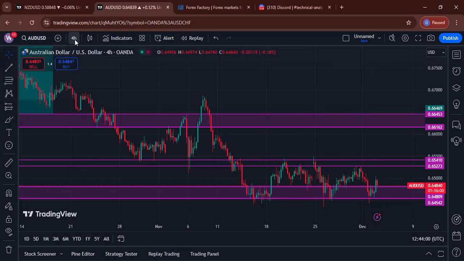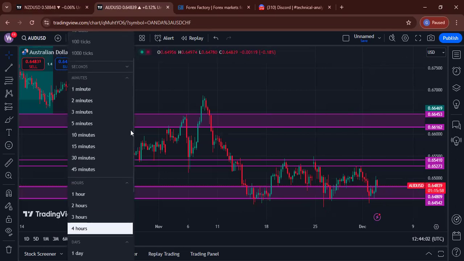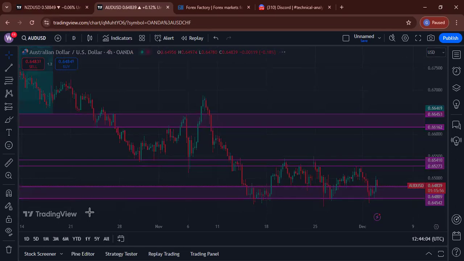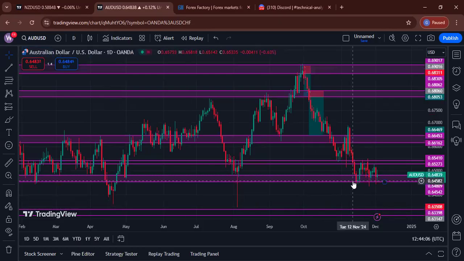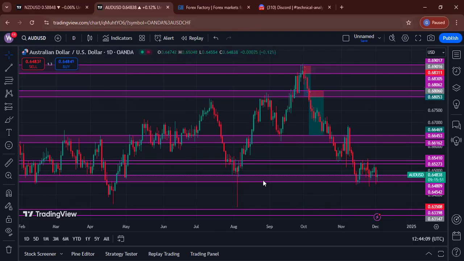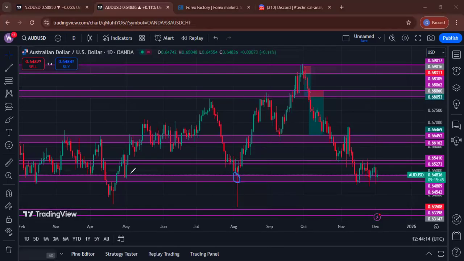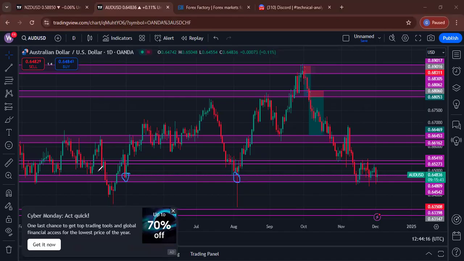And if you check out on the daily as well, you can see this is a very key area. Anytime price got here, you can see it was an origin of major price moves most of the times. Price was here multiple times, and you have seen this demand act accordingly.